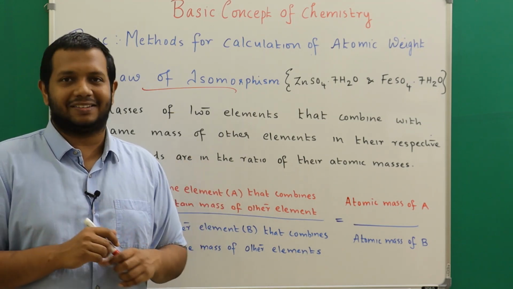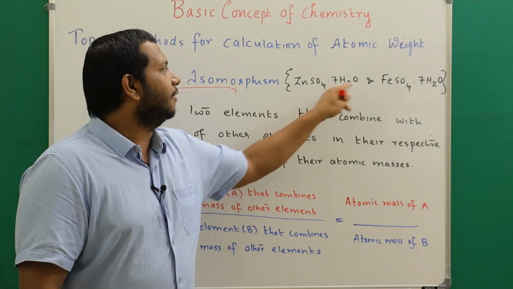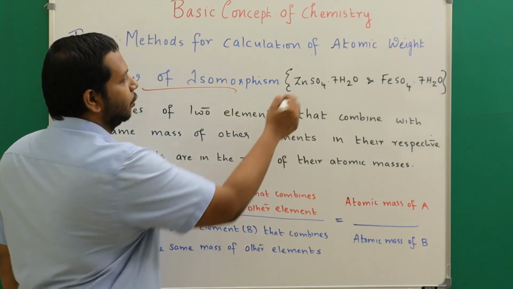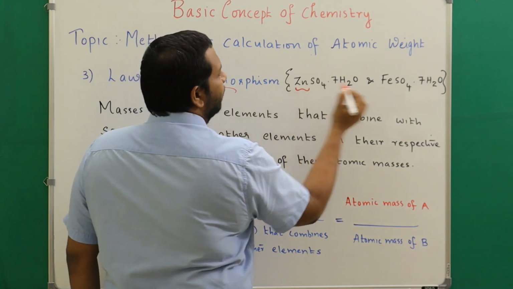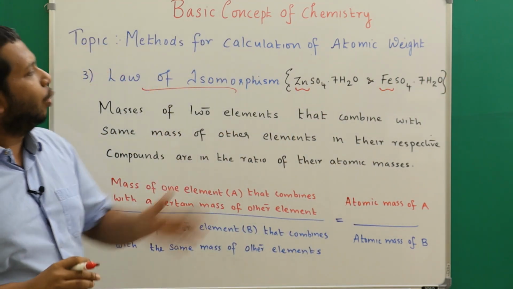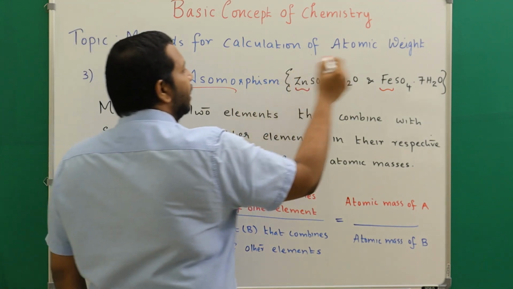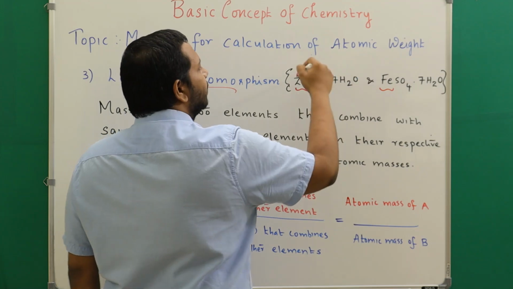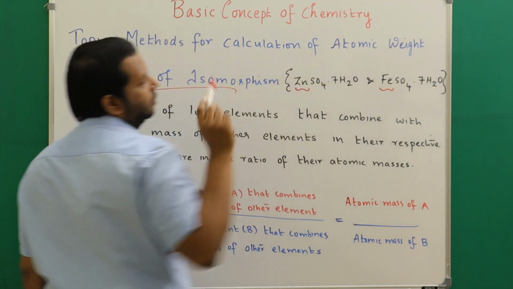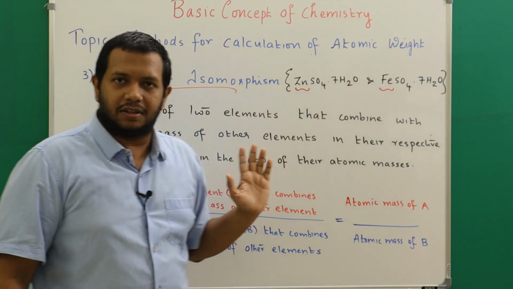Consider these two crystals, ZnSO4 7H2O and FeSO4 7H2O. The only difference between these two is that here zinc is there and here iron is there. So zinc is replaced by iron in this compound. So these two are isomorphous substances.